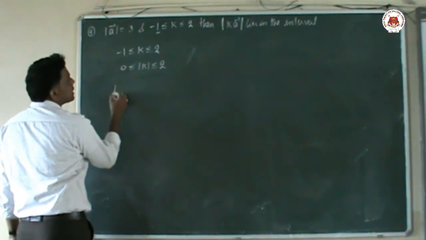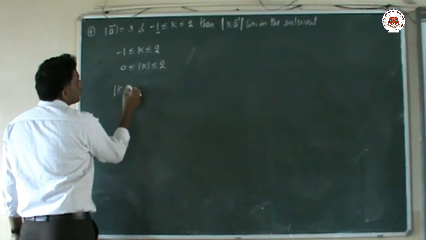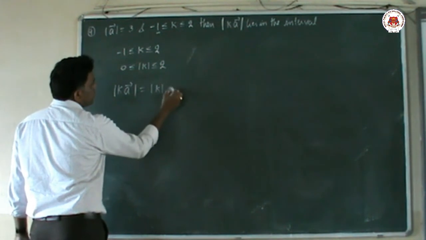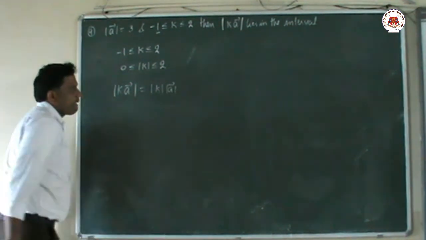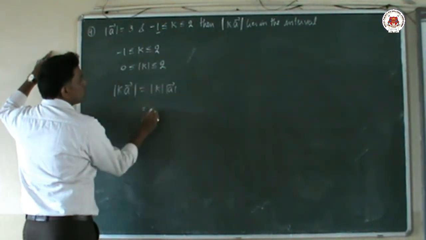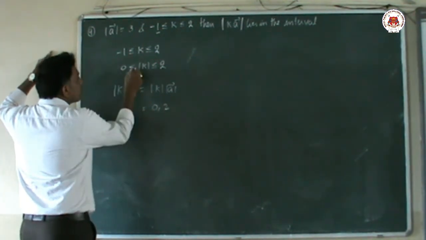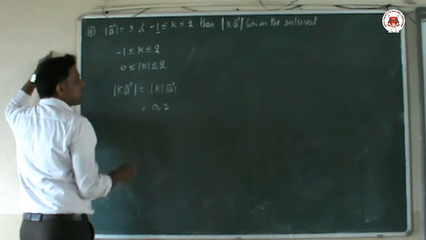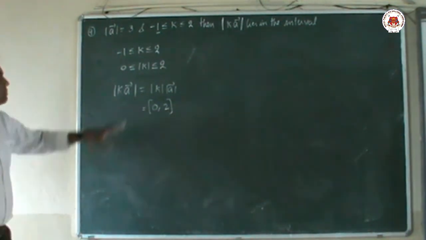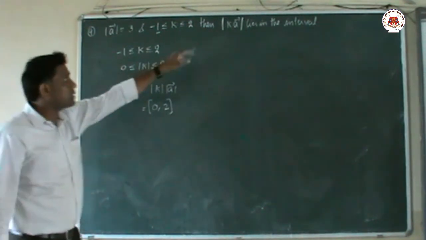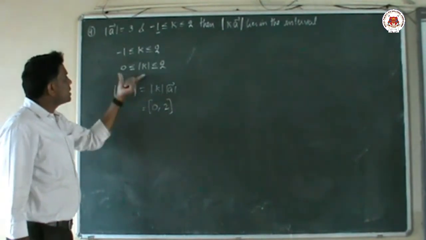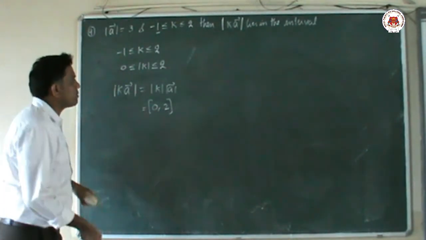So here he is asking mod of k into vector A. That means we can write it as mod k into mod of vector A. So here the mod k range is 0 to 2. Here the equal symbol is there, so we can put the closed bracket, because he is asking for an interval.